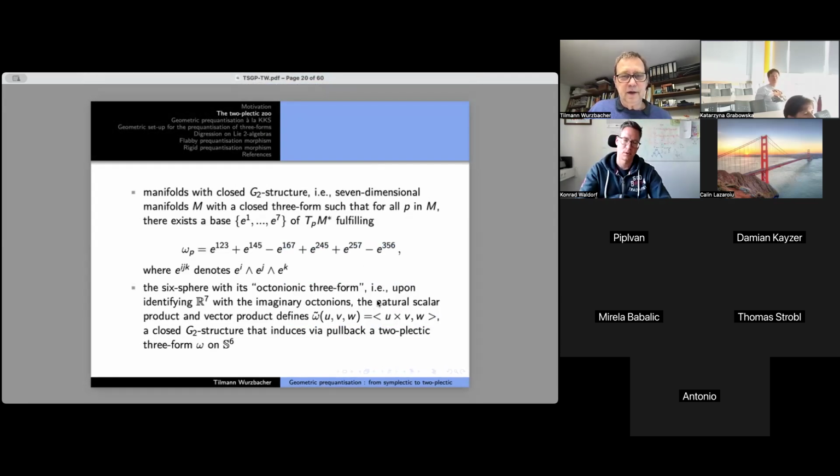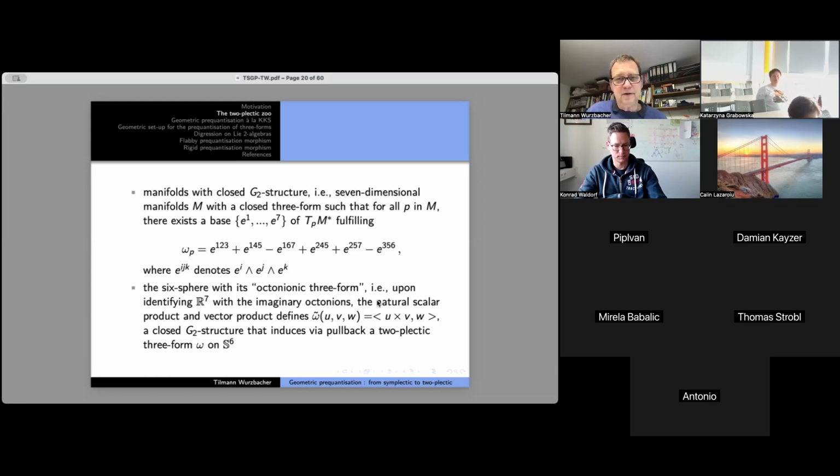And a related case is the following thing. On R7, there is a standard G2 structure, which is given by this form omega tilde. Omega tilde of three vectors is the vector product of two vectors, and then you take the scalar product with the third vector. So this is not the vector product in R3, it's a vector product in R7.